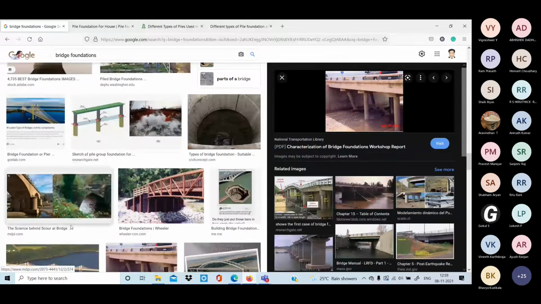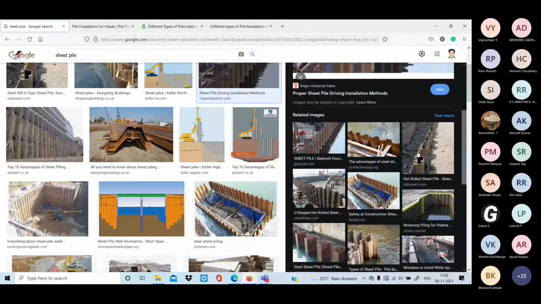To stop the water for construction, these are all called sheet piles. It's like a sheet to protect from the water. Then the fender piles and the other things are different. Fender piles can be with some angles.